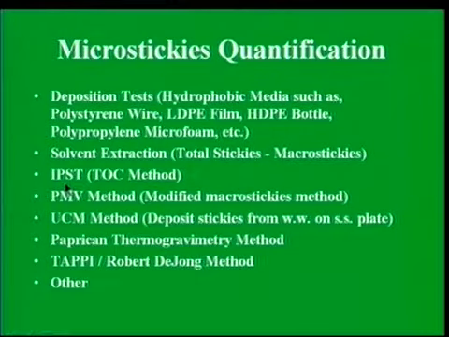The Institute of Paper Science and Technology has developed a method that is based on measuring total organic carbon. Then we have the so-called PMV method, which is similar to the Ingede method. And then in Spain, the people at the university have developed a method using special equipment and depositing the stickies on a stainless steel plate. The thermogravimetric method is not that widely used. There is a TAPPI method developed by Robert de Jong, and then there are a few other methods.